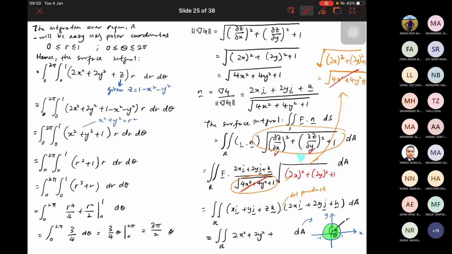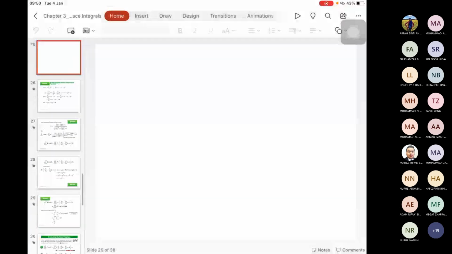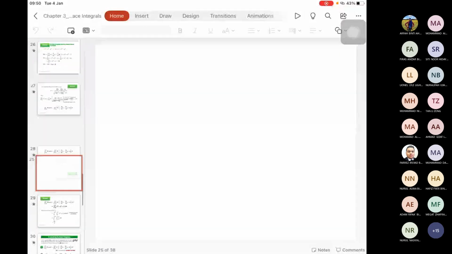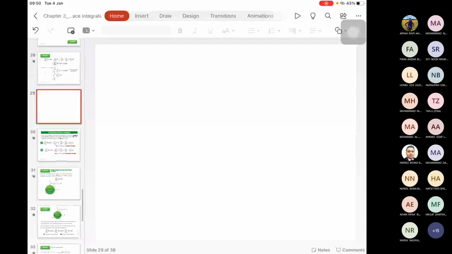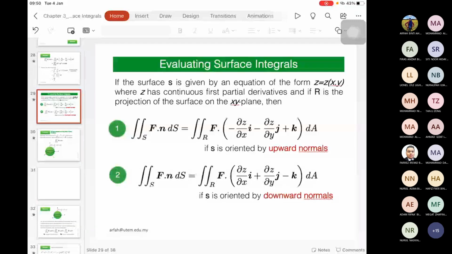Dah, Doktor. Dah, okay. So the next one, kita take a look into another example. Okay. So we have this example.